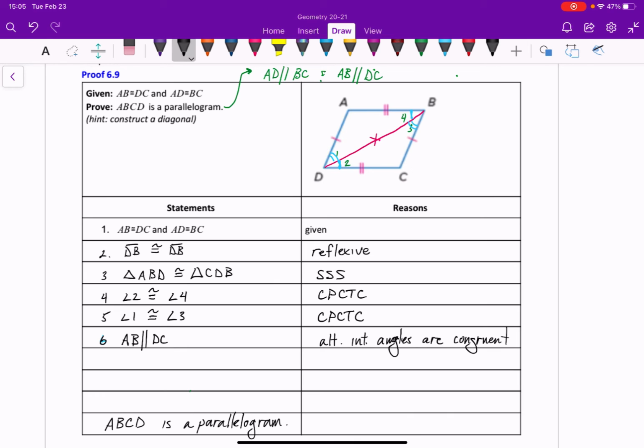Really we would say that two lines cut by a transversal, if their alternate interior angles are congruent, then they are parallel. We're just going to shorten it to this.